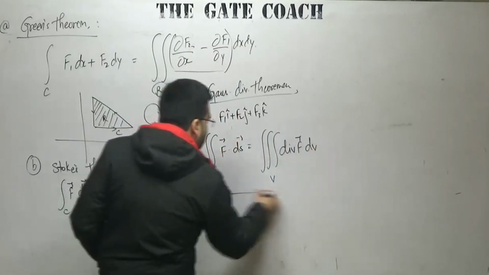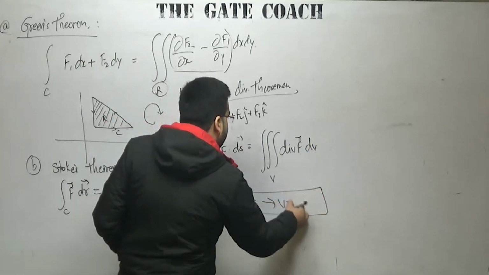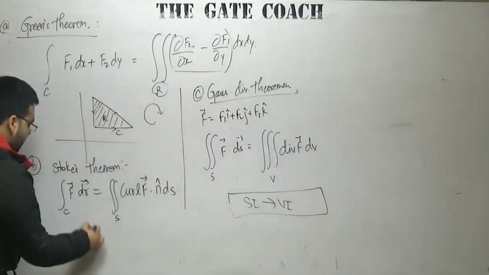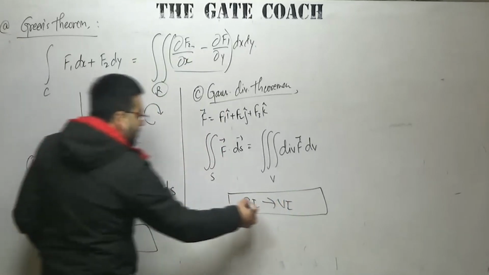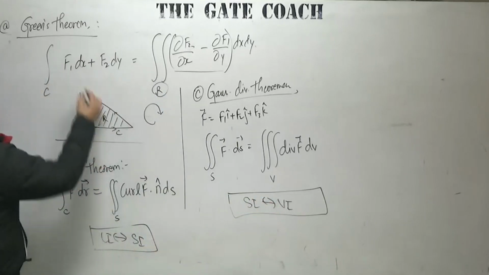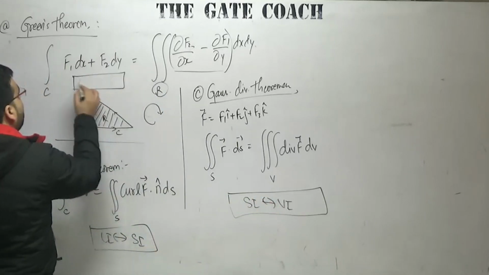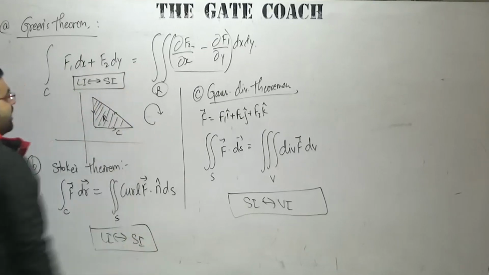So this is used to convert a surface integral into a volume integral, right? And the other is basically used to convert a line integral and vice versa into a surface integral.